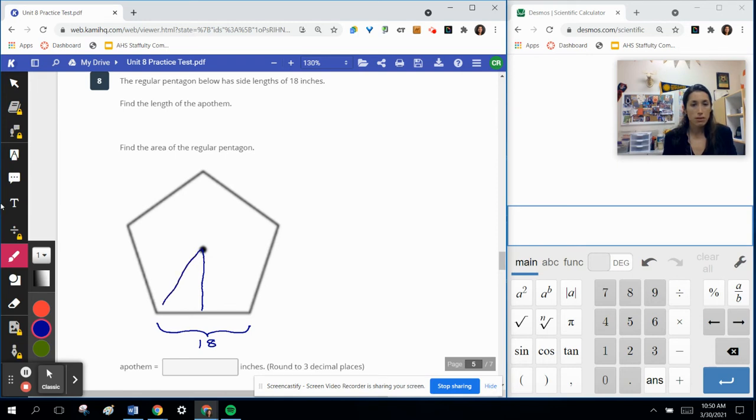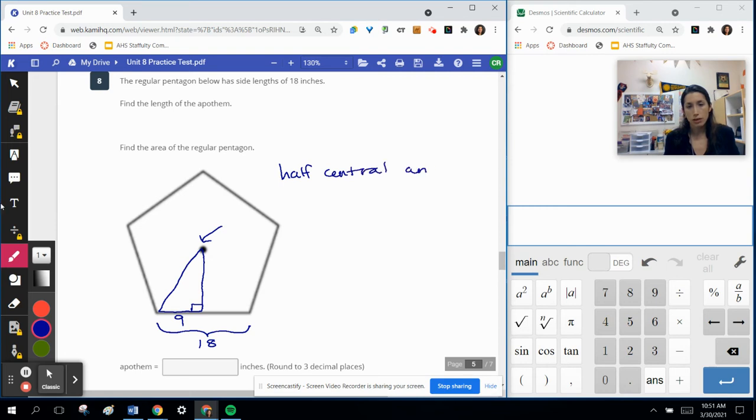We need to find the apothem, or what we call the triangle height of this little half triangle here. So I took 18, and I'm halving it because I know that this segment is going to be half of that. It's going to be 9. And this angle here, we call that a half central angle.